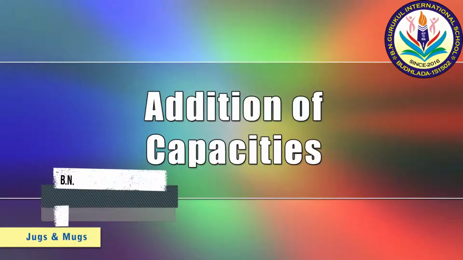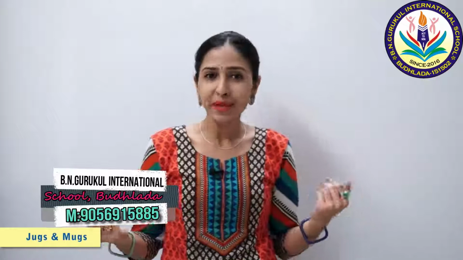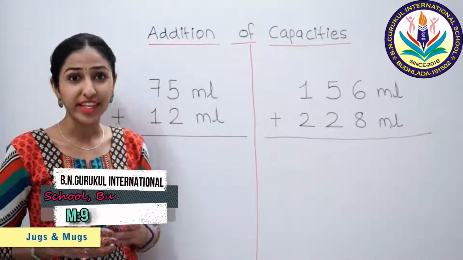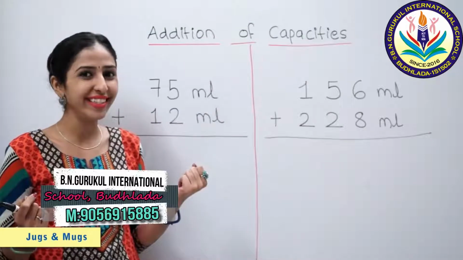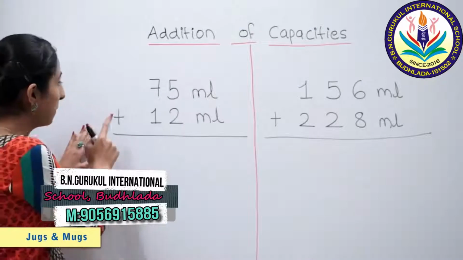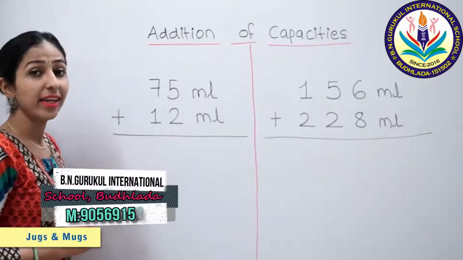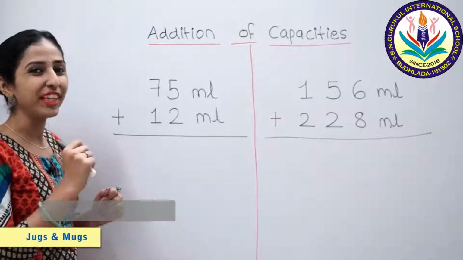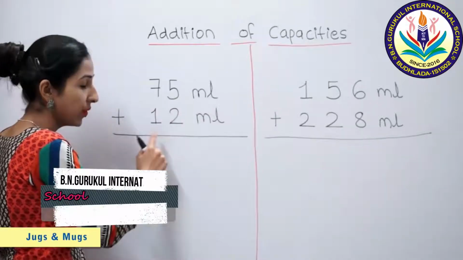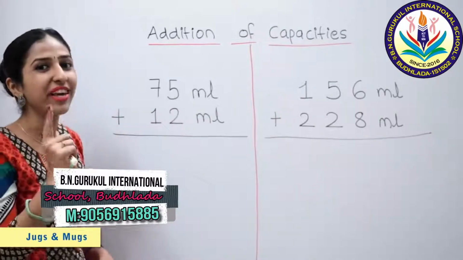Addition of capacities. To add capacities in liters or milliliters, we simply add the numbers and write the unit. Students, now let's solve some examples. 75 ml plus 12 ml is equal to how much? Let's find out. 5 plus 2 is equal to 7.